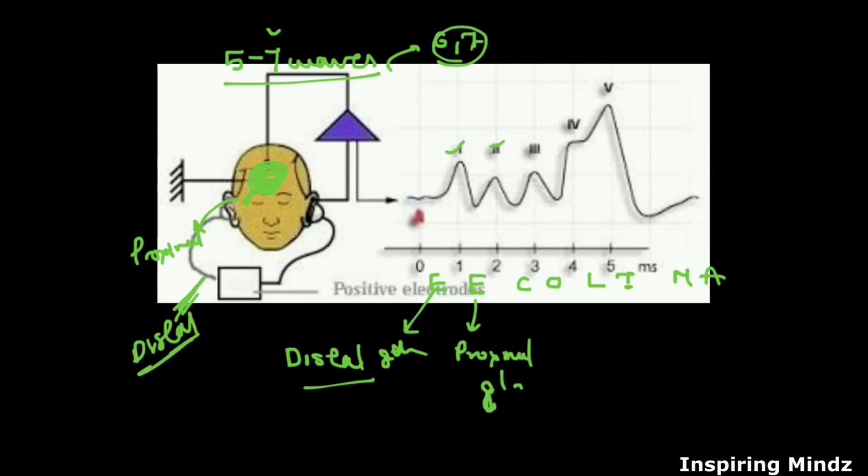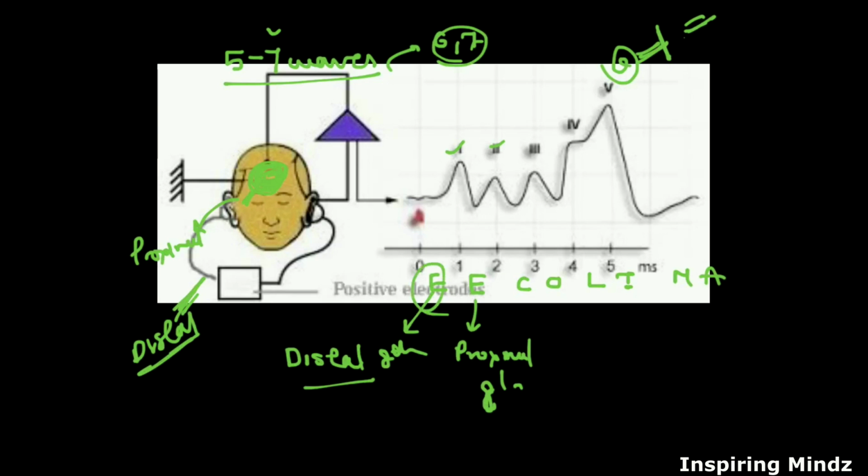So when the nerve arises from the cochlea, the nerve near the cochlea is the distal eighth nerve because it is away from the central nervous system. The nerve away from the cochlea is the proximal nerve because it is near the central nervous system.